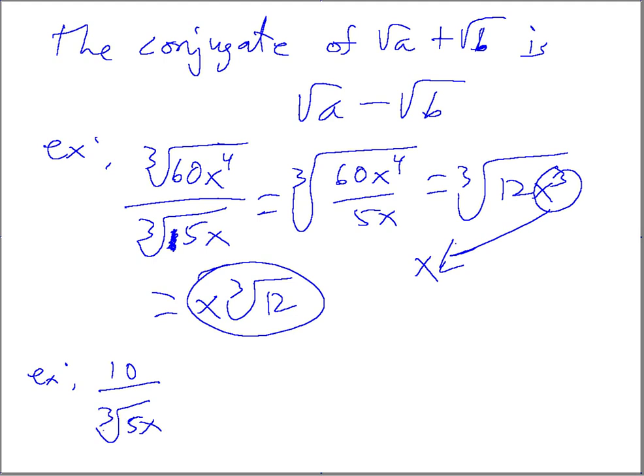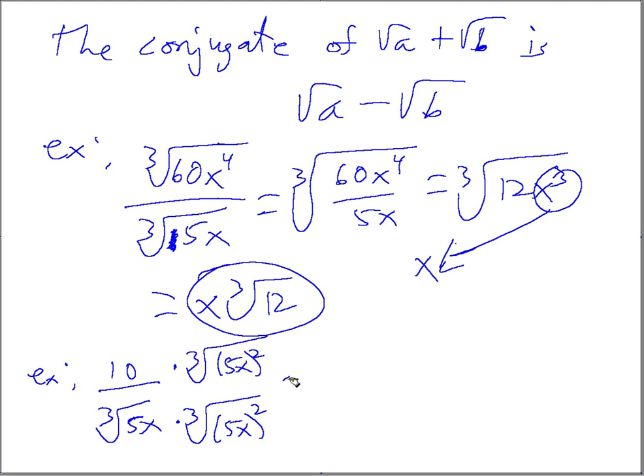this root index out. And that means what? Well, I have one 5x inside. If I can get two more 5x's inside, then I can cancel out the root index, the cube root. So how do I make that happen? Well, if I multiply top and bottom by the cube root of 5x squared, that will get me two more 5x's inside.